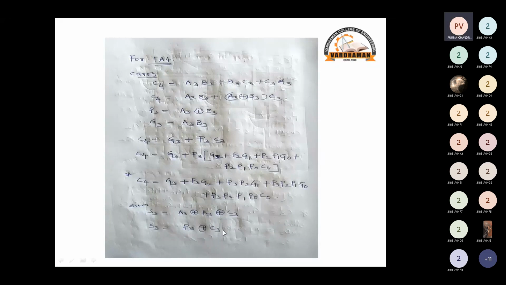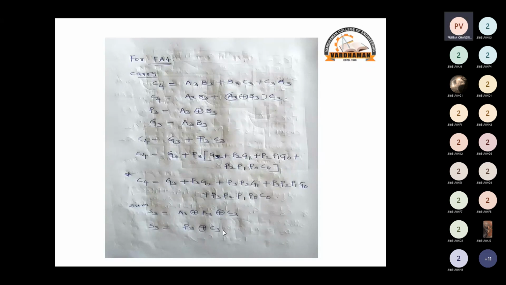Likewise, we can determine sum and carry of each full adder, and moreover all carries of all full adders are expressed in terms of the known quantities. What are the known quantities here? P3, G3, P2, G2, P1, G1, P0, G0, and C0 is also known. In general, C0 is grounded, that is equal to 0. So in that way, we can determine all carries well ahead of the addition operation. That is what is the carry look ahead adder.